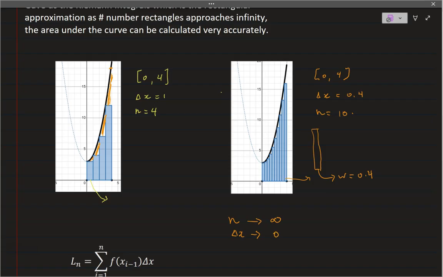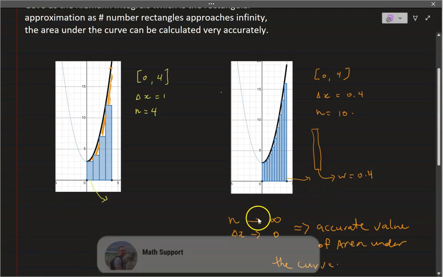As the number of rectangles increases, obviously we are decreasing the width of each rectangle. And Riemann says that if that happens, you can get a very accurate measure of the area under the curve.